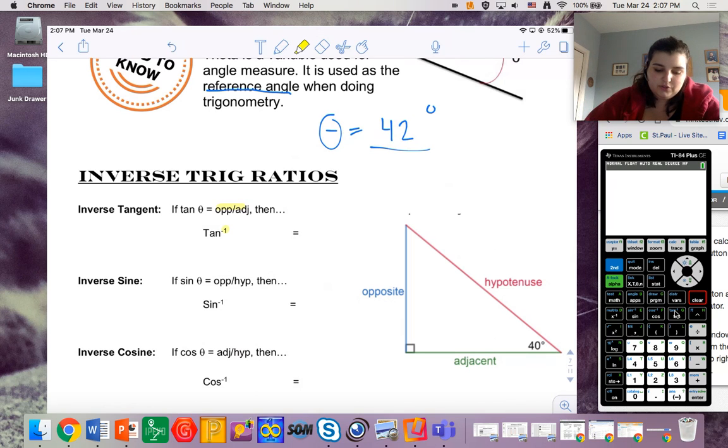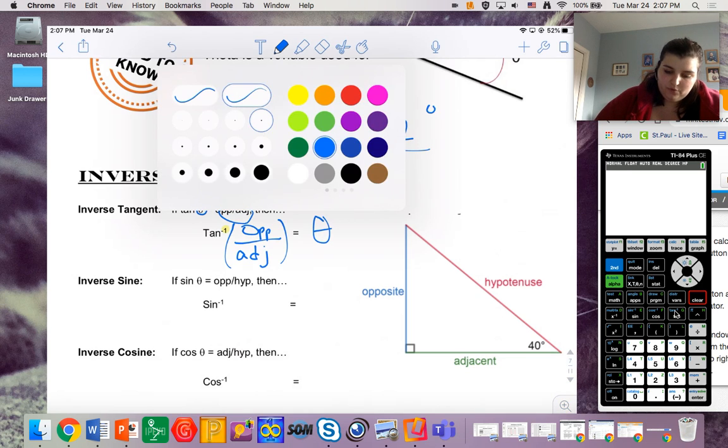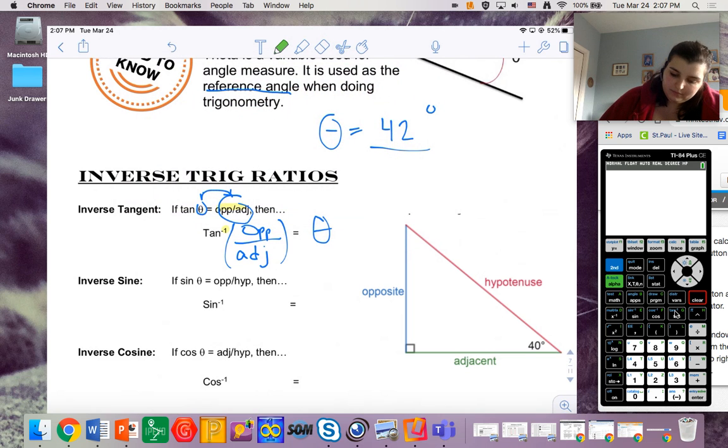Basically what happens is they swap places. So inverse tangent, now you're going to do opposite over adjacent. It'll be the fraction, so you're going to need to use parentheses here, and that will be equal to your theta, whatever your angle measure is. Same thing for sine. Now we're going to trade these out.